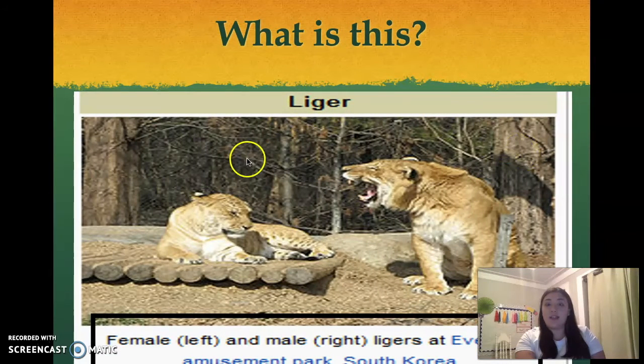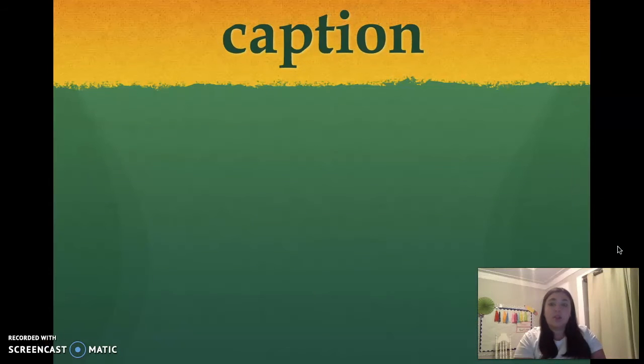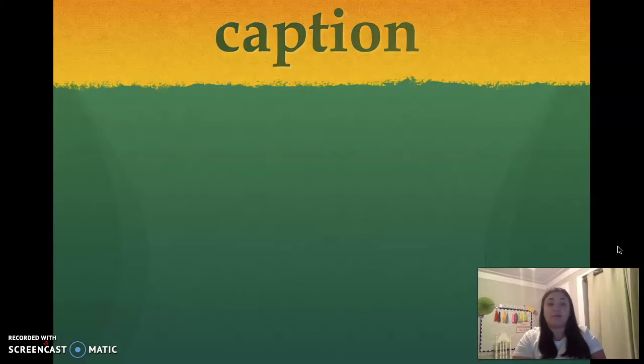What is this? And we're looking specifically at the very, very bottom of the picture. At the very bottom of the picture, there is different text. And that text is called a caption. A caption is small text that appears next to pictures, and it tells us more information about the picture or about the topic we're reading.